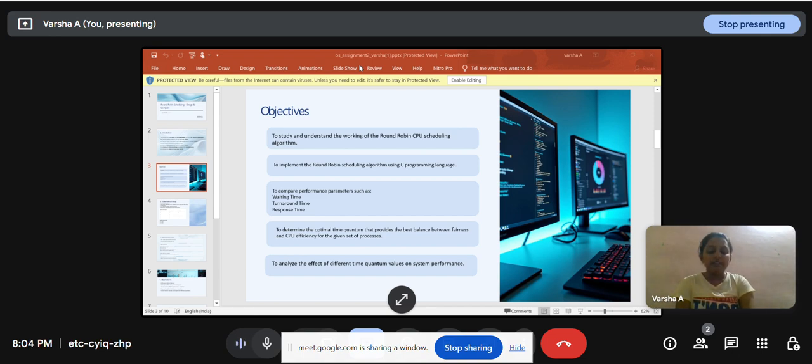Next, to find the optimal time quantum, which gives the best balance between fairness and CPU efficiency. Next, to understand the internal working of round robin scheduling. And finally, to analyze how changing the time quantum affects system performance.